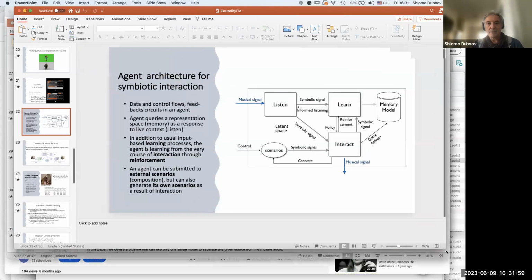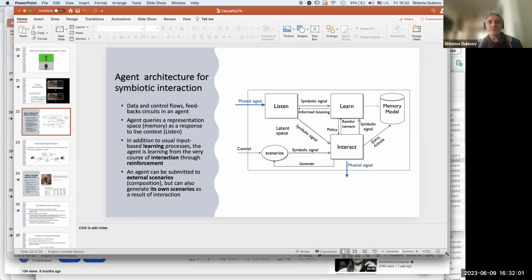Okay, so this is really a topic that I chose to talk about today. And in this agent architecture, basically, we have a listening component, okay, that usually translates the input music to some symbol, okay. It's very hard to think about the audio itself in the generic audio format. You have to categorize it, represent it in some way.